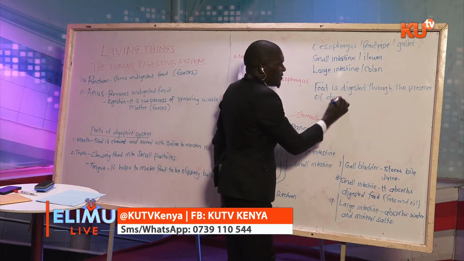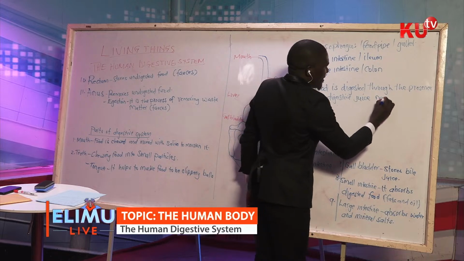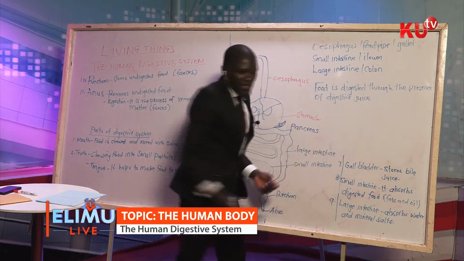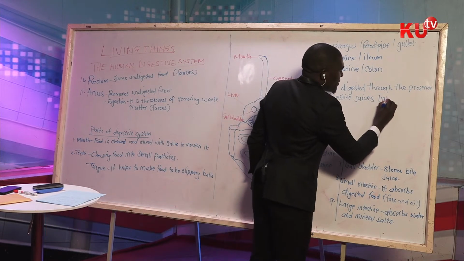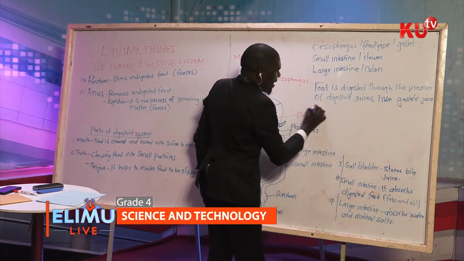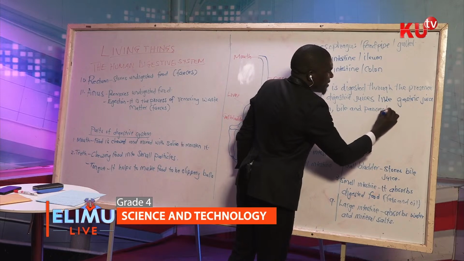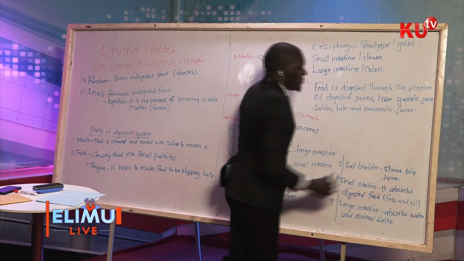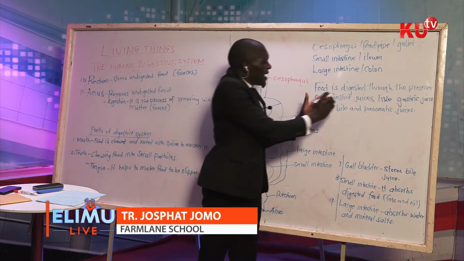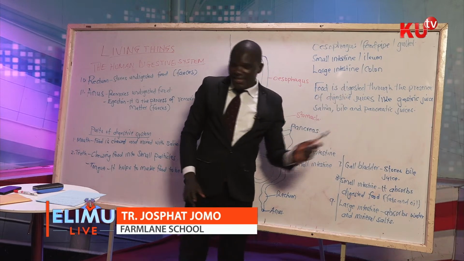Digestive juices include gastric juice, saliva, bile juice and pancreatic juices. So for food to be digested, there must be a presence of digestive juices, and these digestive juices are the ones that help the food to be digested well.